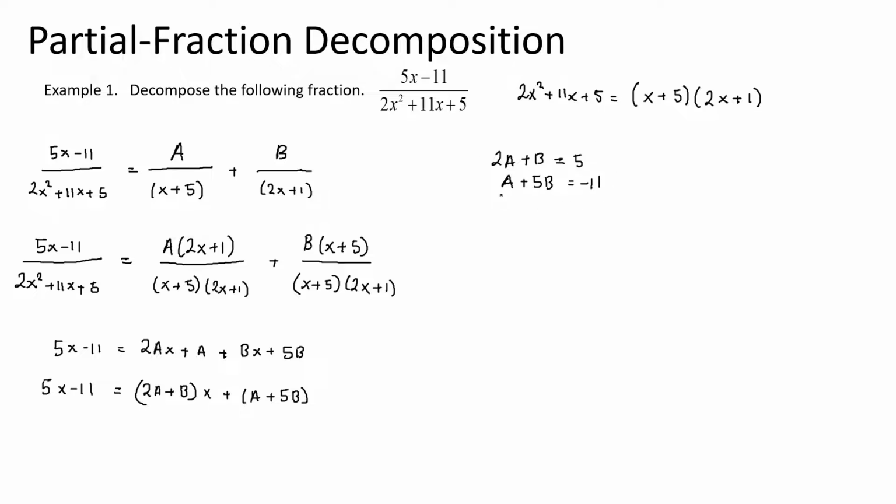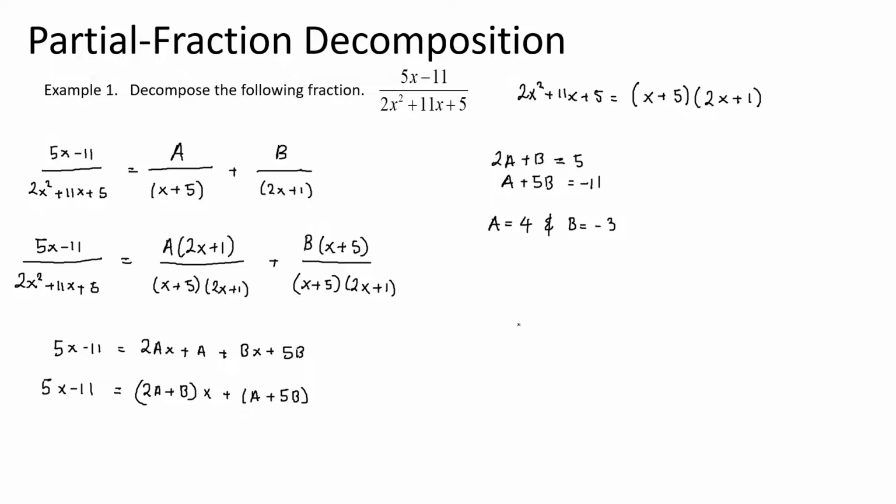So look what we have here. We have something called a system of equations. You have different options. You could use the elimination method or substitution to solve for A and B. Your A in this case, if you solve using the system of equations, will come out to be 4. And your B will come out to be negative 3.